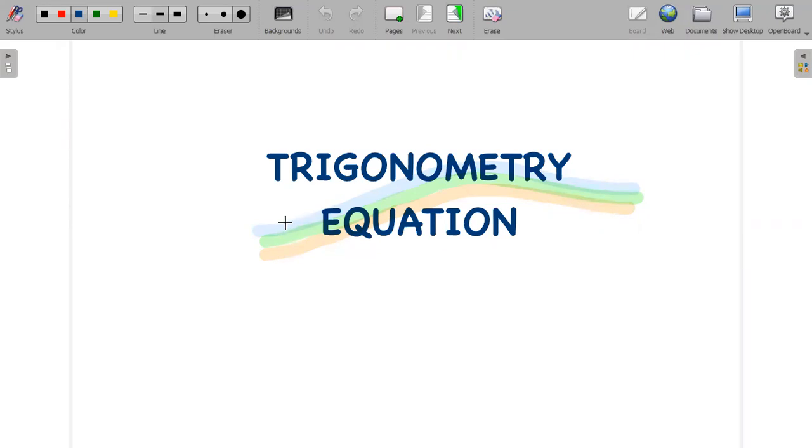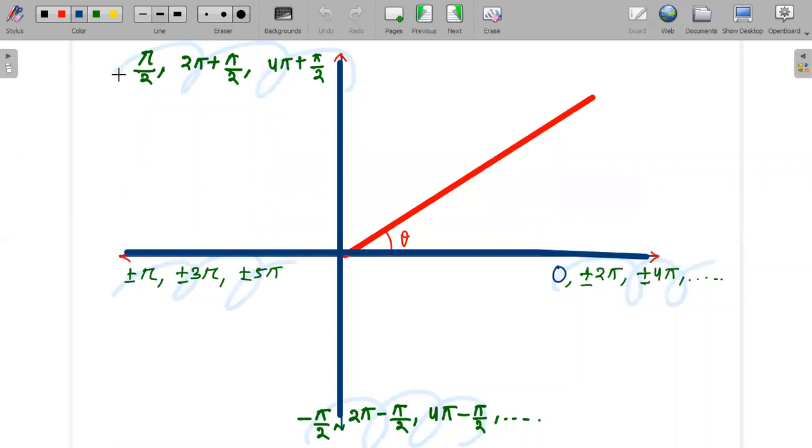So before we actually start with the definition part or how to solve a trigonometric equation, let's discuss the quadrants. Remember how we form angles? An angle is the result of the amount of rotation between two co-initial rays.